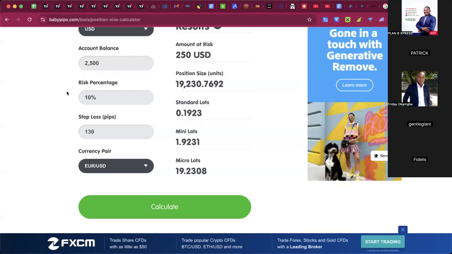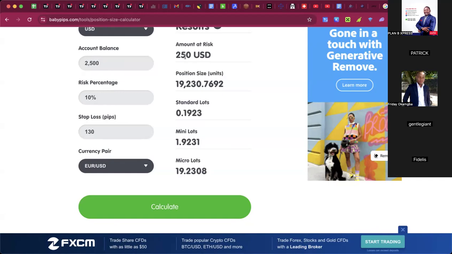Look at it: 10% of 2,500 is $250. Now, that $250 is 0.5% of your overall money. Go and calculate it. $250 is 0.5% of 50,000, while 500 is 1%.